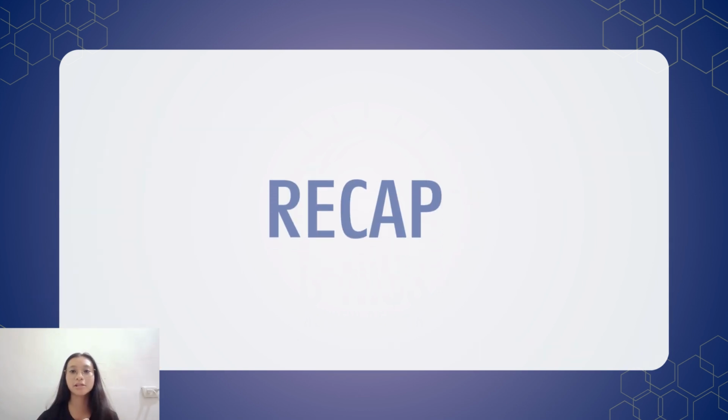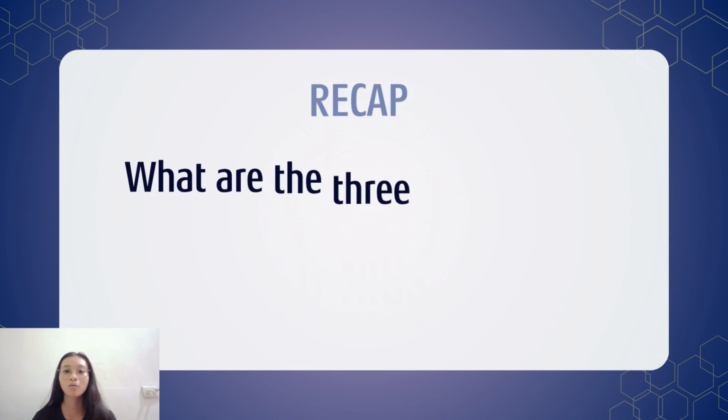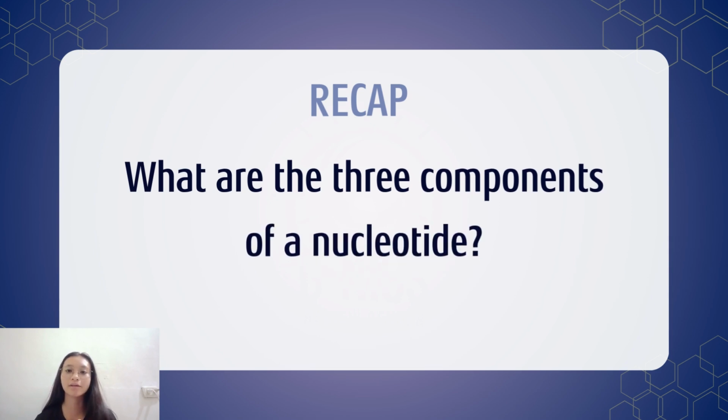We are almost finished with our video, so now let's have a recap of the lesson. And I will be asking you a couple of questions. See if you remember what you've learned. So, what are the 3 components of a nucleotide? Yes, these are your phosphate group, your pentose sugars, and your nitrogenous bases.